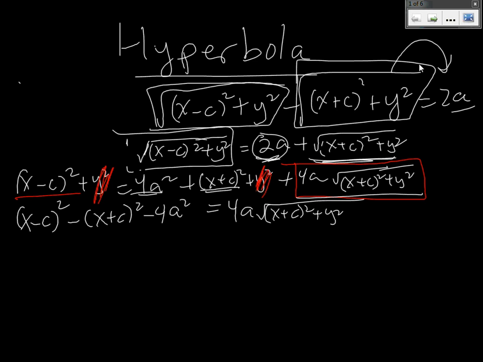Okay. I have the difference of things being squared, and I have to factor that. First, I add these two, and I get 2x. Then I subtract the two, and I get minus 2c. Minus 4a squared, and then the rest.